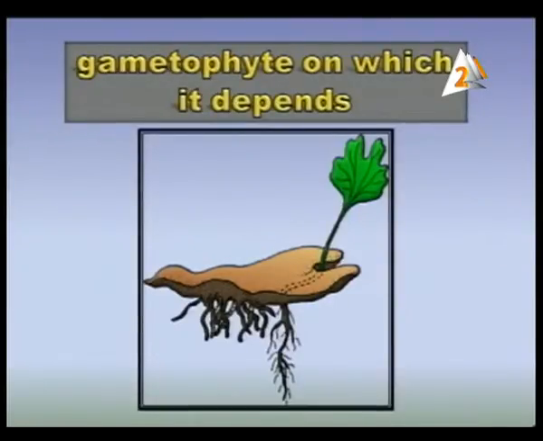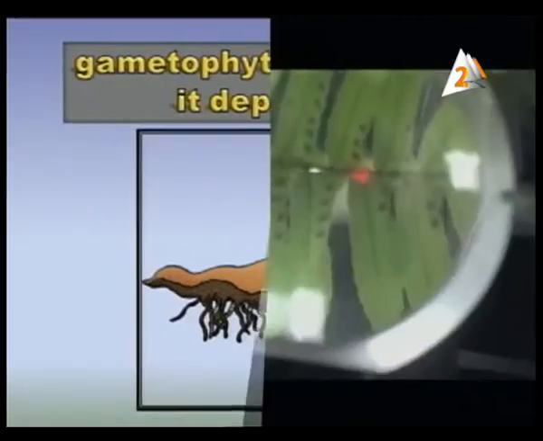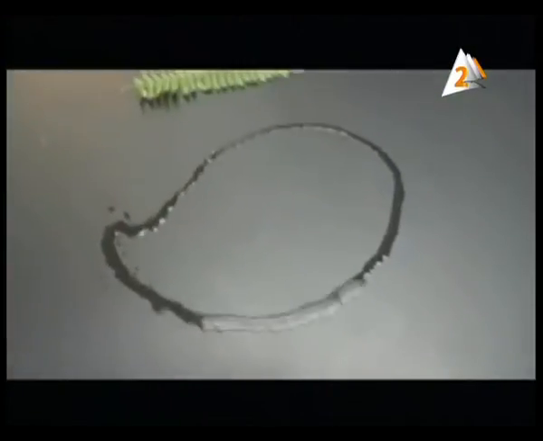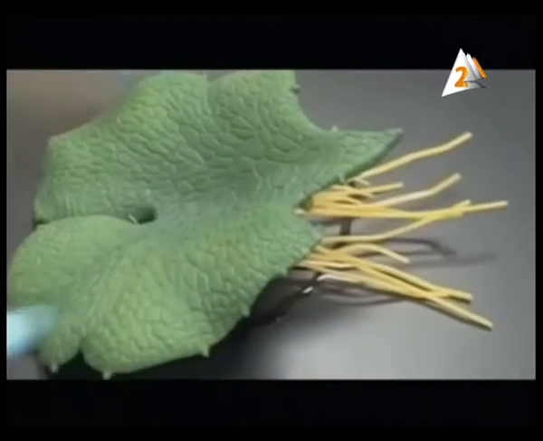Because it can't yet get its needs of nutritive substances by itself. So it will depend on the gametophyte till it produces its own stem, root, and leaves, and can depend on itself to get its needs. At this moment the gametophyte degenerates while the sporophyte grows and forms the life cycle another time.